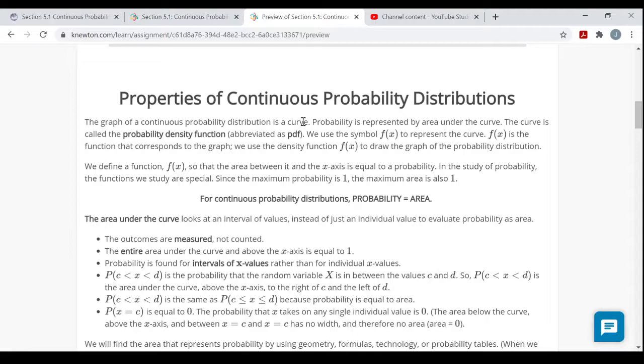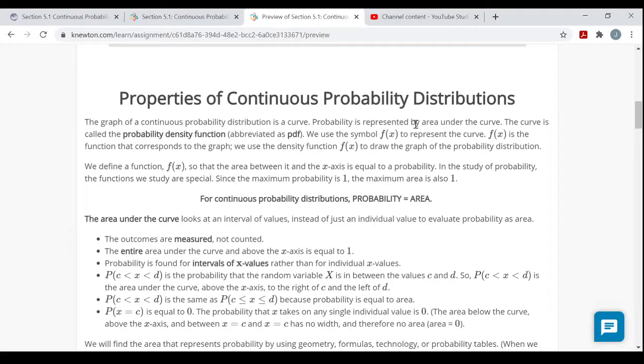Connected rectangles, or from section 4.3's KnewtonAlta homework, they had some graphs there where they weren't rectangles, but little sticks with certain heights. But you could also replace those sticks with bars and make a histogram. All right, so discrete probability distributions, when you look at a graph of those, is a histogram. Continuous probability distributions are curves. All right, so no bars. They're just like curves in graphs in algebra.